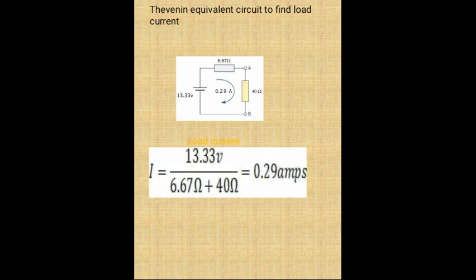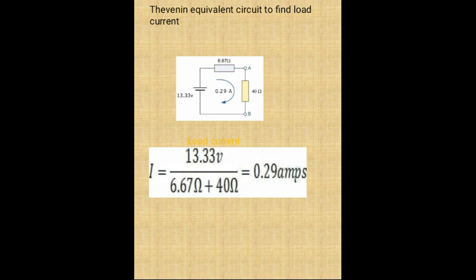In step 3, now we draw the Thevenin equivalent circuit. So the Thevenin equivalent circuit is a 13.33 volt source and series resistance of 6.67 ohm. Next we attach the load resistance, that is of 40 ohm, and calculate the value of current in 40 ohm.